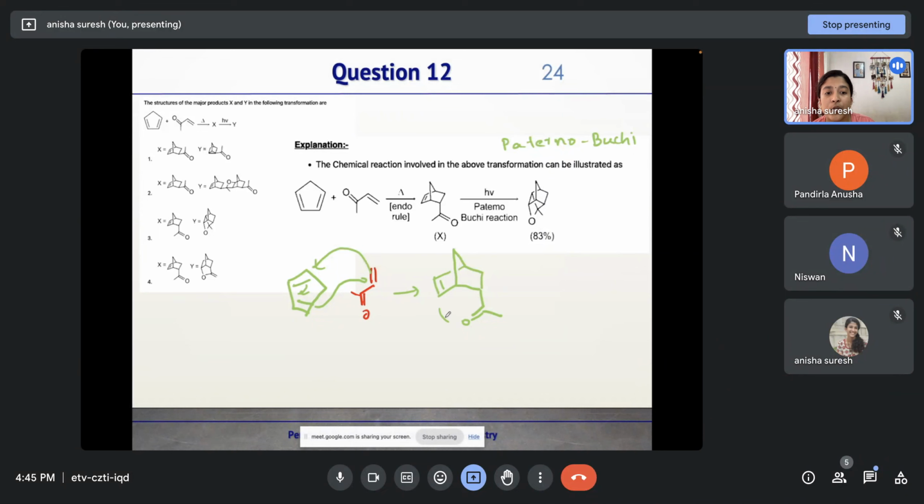So it will undergo a 2 plus 2 cycloaddition and we will get this oxetane kind of system here. So the right option will be option number 3. Clear? Right option will be option number 3. Any doubts?